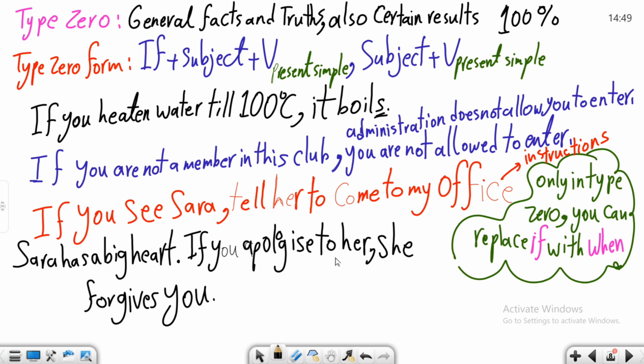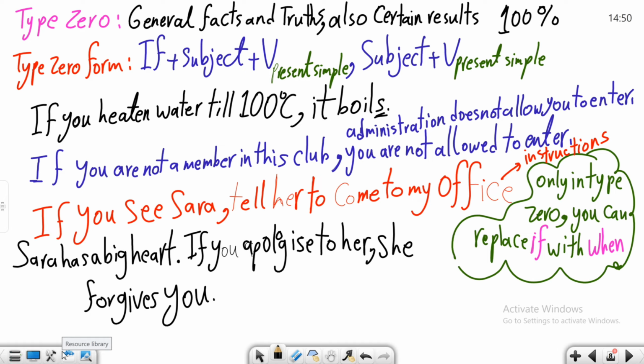If you apologize to her, if you say sorry to her, she forgives you. In here, my friends, I'm talking about facts and the truth and certain results at the same time. It means I am sure whenever you come to Sarah and you apologize to her, if you hurt her feelings, she is not going to say no to you.